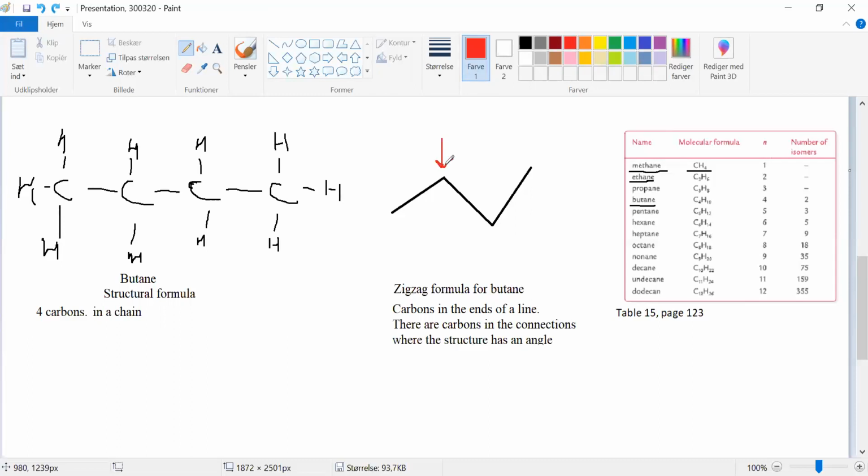So there's a carbon there, and there's one there, and of course in the ends there's also carbons. So we can see that there are 4 carbons in this structure of butane.